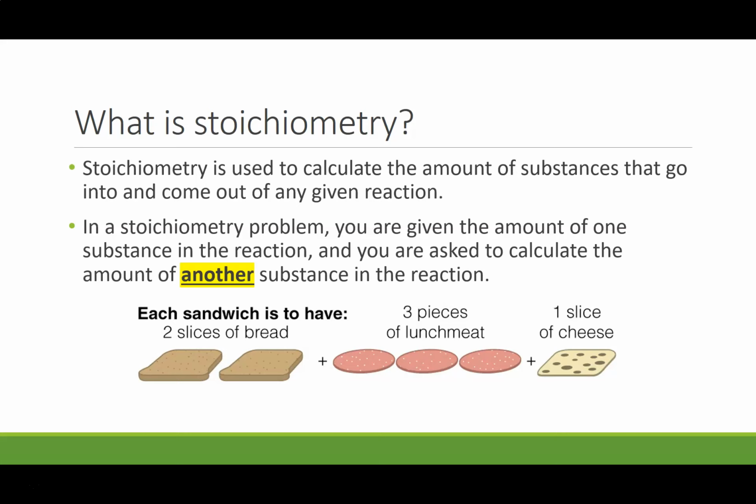And I ask you, if I have 8 slices of bread, how many sandwiches can I make? Or, if I want to make 10 sandwiches, how many pieces of lunch meat do I need? Stoichiometry problems are a little like the questions that I just asked you about a sandwich.